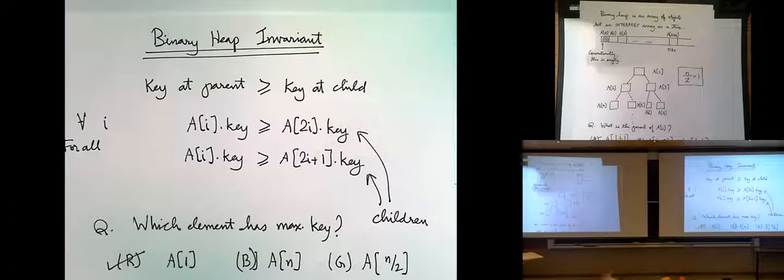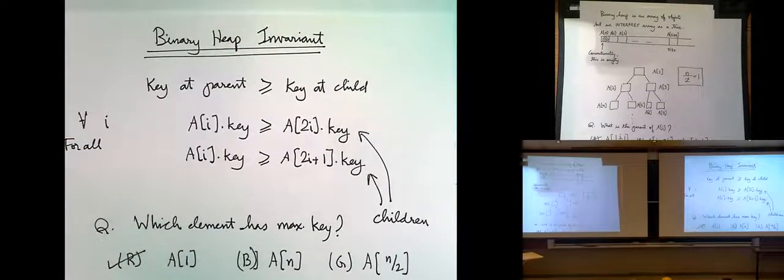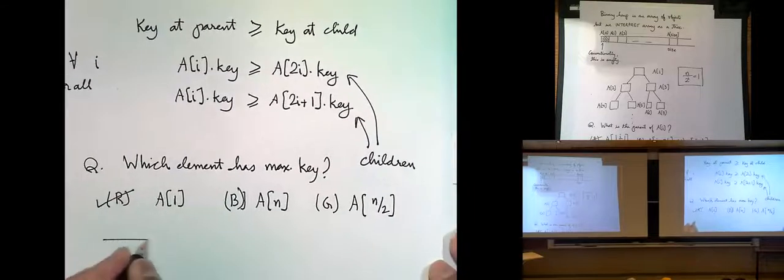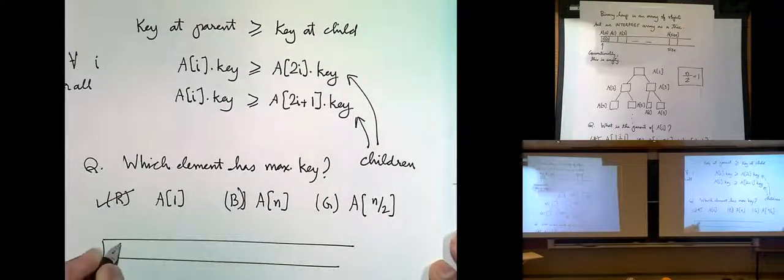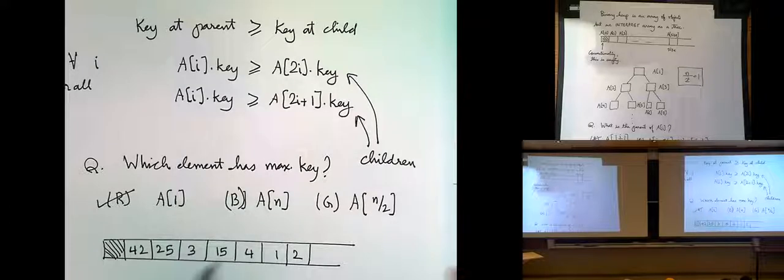It's a[1], because a[1] is the root, which is the parent of the parent of the parent of any node, and hence it has the maximum. Just to draw an example, here is a heap. Note that this is not sorted.